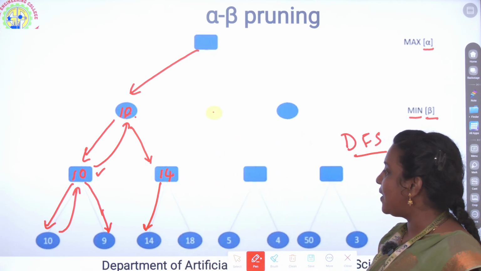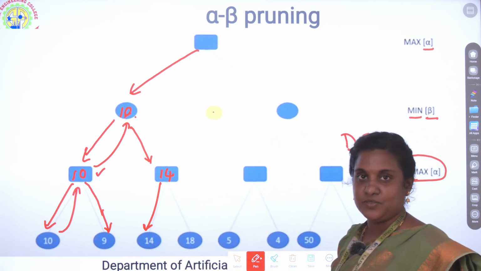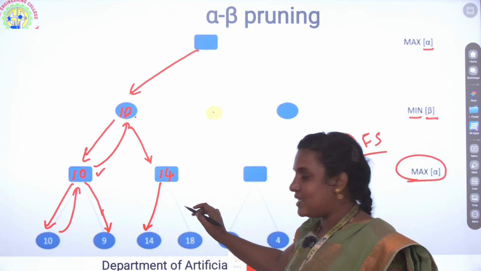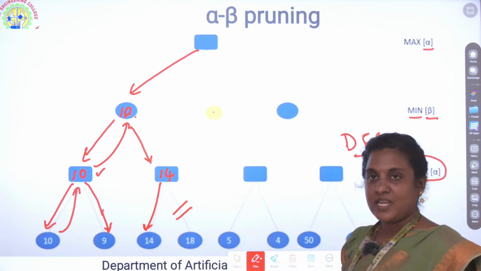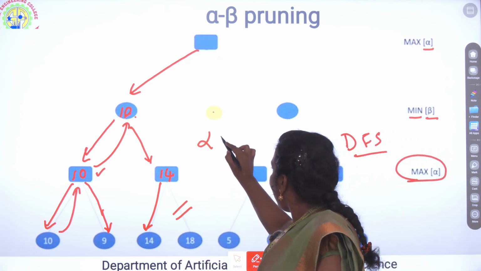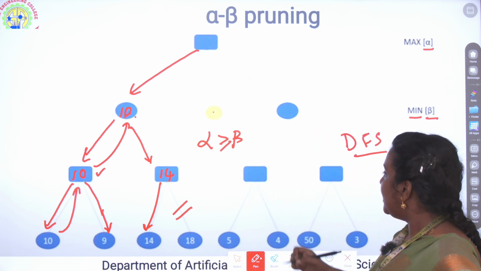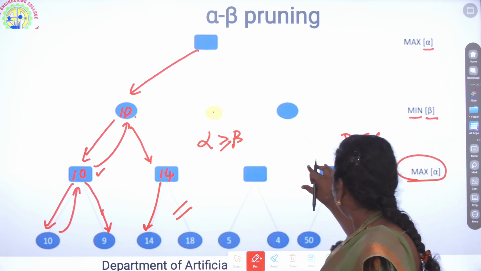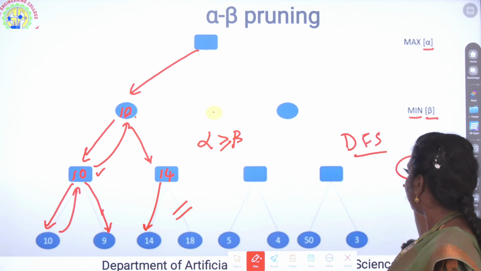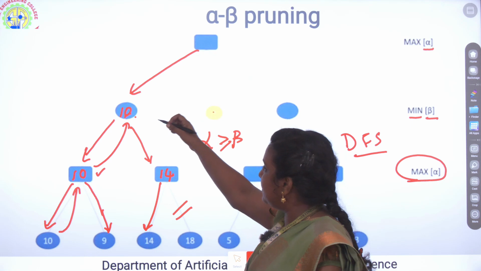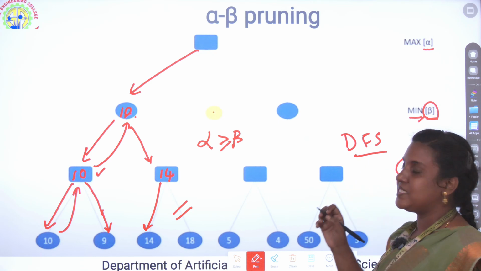The important thing here is that in the Minimax algorithm it would traverse the right subtree too, but here we cut this particular branch, because of the condition that alpha should always be greater than or equal to beta. At this level the max player is dealing, and the max player always associates the value with alpha. In the level above, the min player is playing, and the min player always deals with beta.